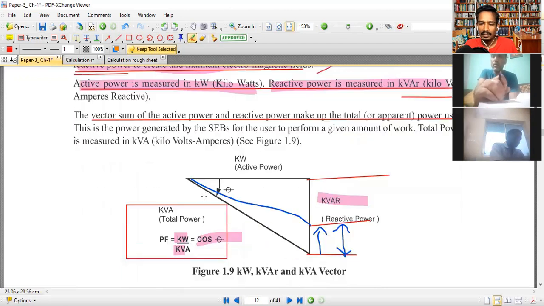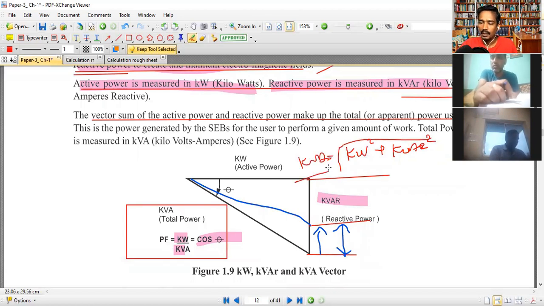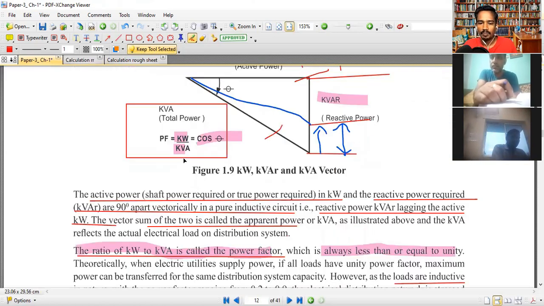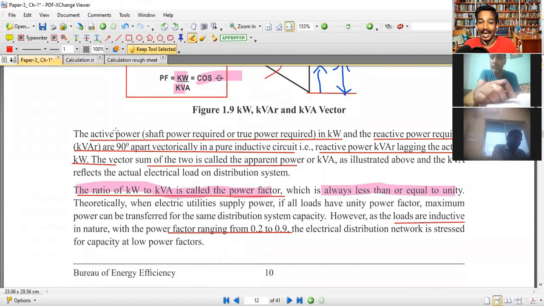Then vector power means the square root of the sum of squares. I will write the formula: kVA equals the square root of kilowatt square plus kVAr square. This is the vector power, kVA, the apparent power. Active power is the true power, in kilowatt.